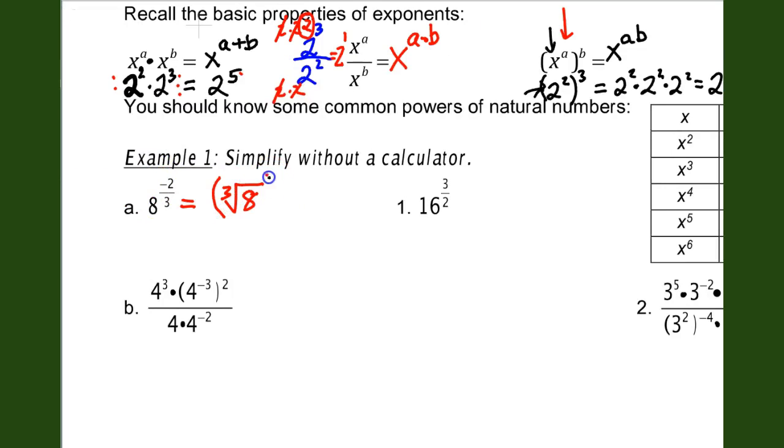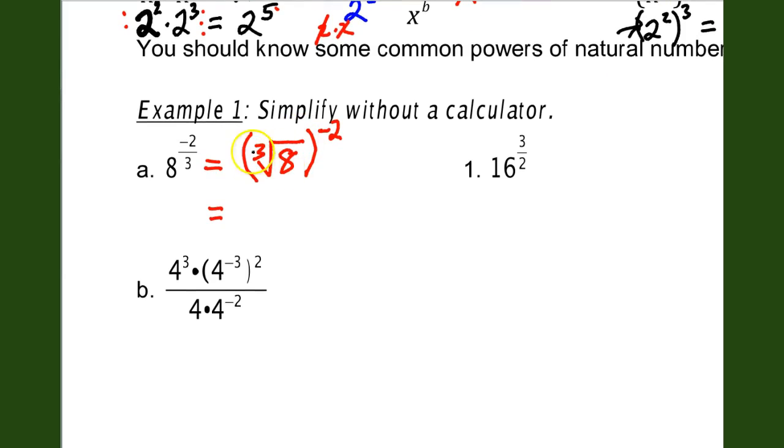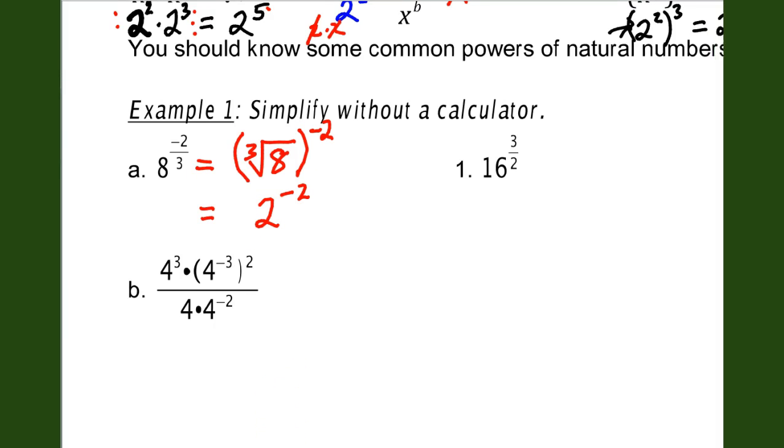So I'm just going to raise whatever I get here to the negative 2 power. So cube root of 8 once again is 2. So what's 2 to the negative 2 power?